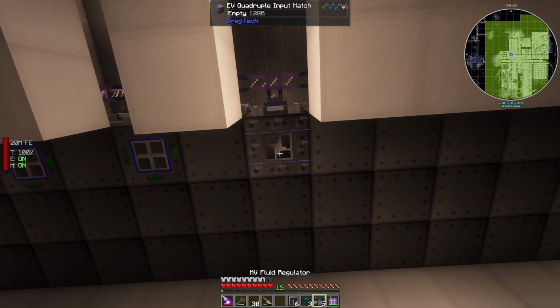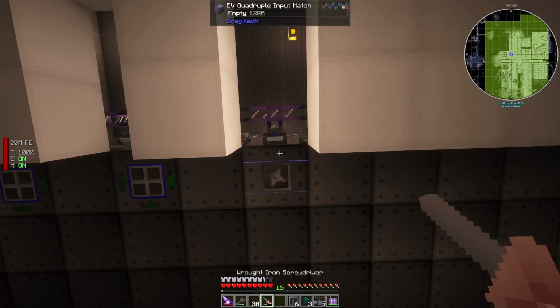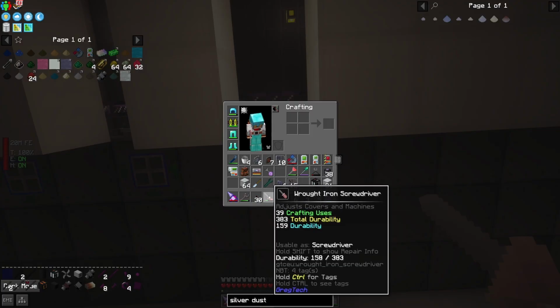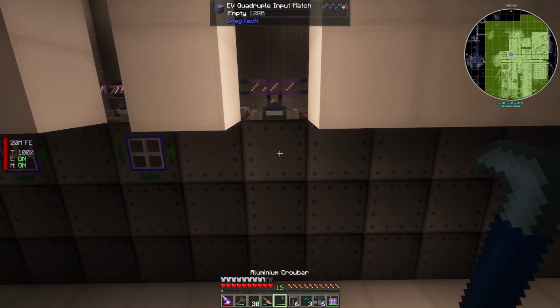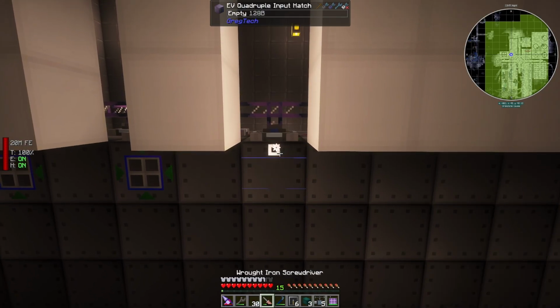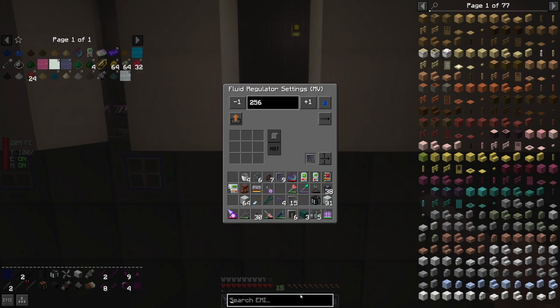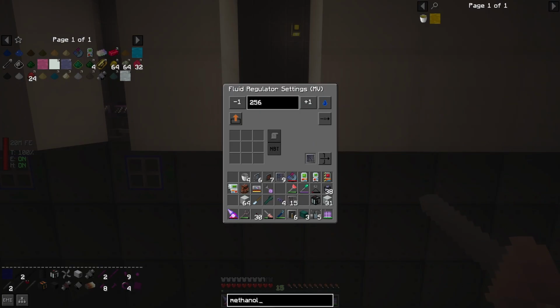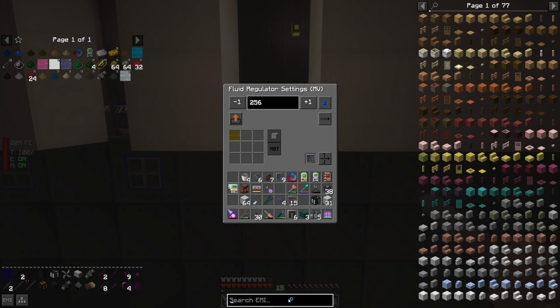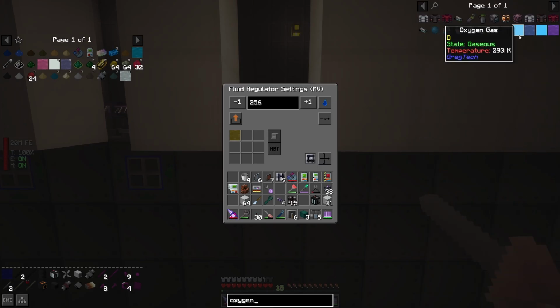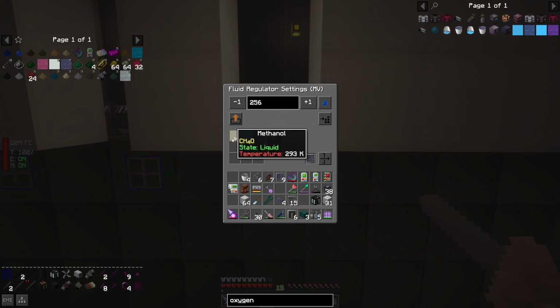Okay, so in you go. Nope, that is not where you need to go. All right. Fluid. So it was methanol and oxygen, if I'm not mistaken. Keep exact. Boop, boop. 1 to 1. Yes.